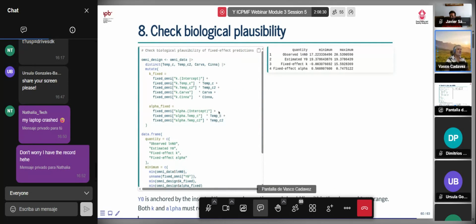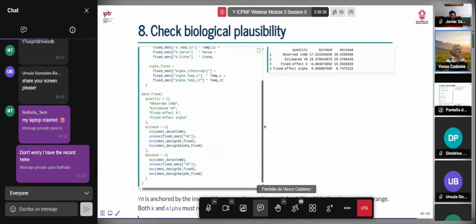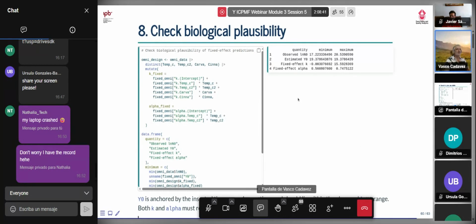Okay, I also added some checks of the biological plausibility. So I added some code in order to compare the observed with the estimate, okay, and the fixed effect for K and the fixed effect for alpha. You can see that for the observed values, we have the minimum 17 and the maximum 20.